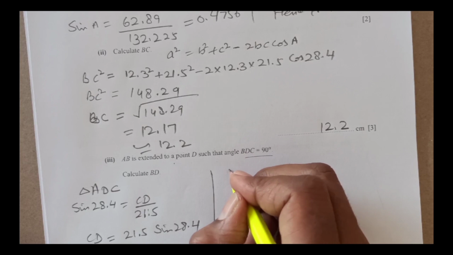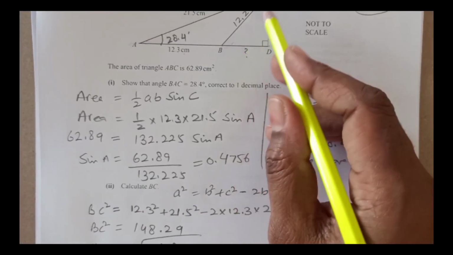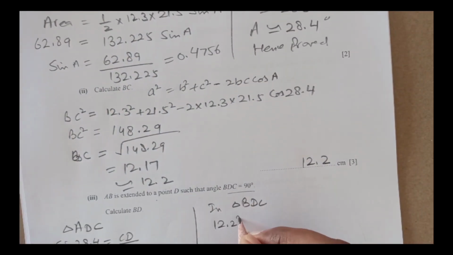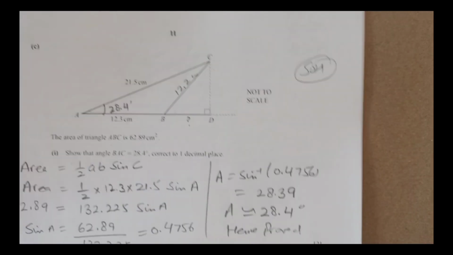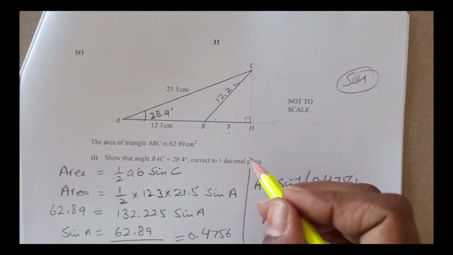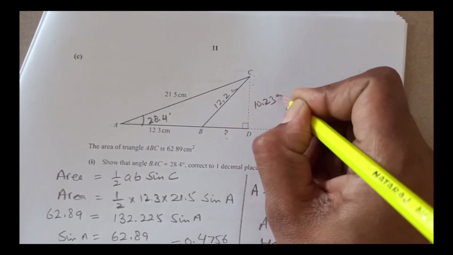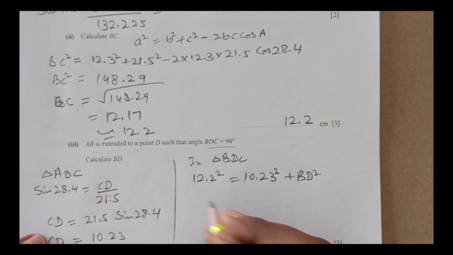Now we take the smaller triangle BDC. Using the Pythagoras theorem, 12.2 squared equals 10.23 squared plus BD squared. This CD we got here is 10.23.